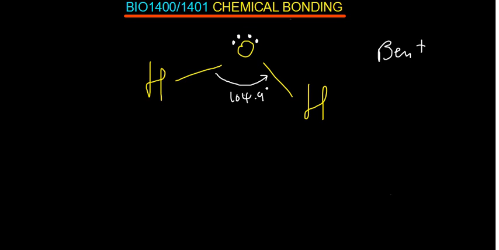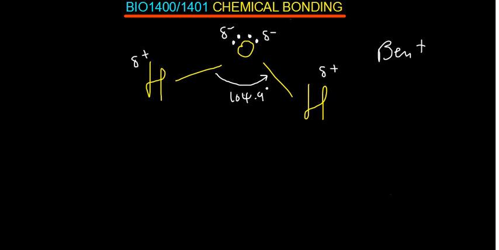Now remember, oxygen is more electronegative, so it's going to have a partial negative charge here. It is going to pull more electrons, and then the hydrogen is going to be partial positive. This other side also is going to be partial negative, and the hydrogen is going to be partial positive.